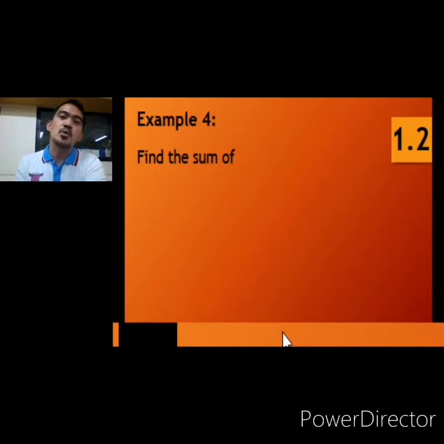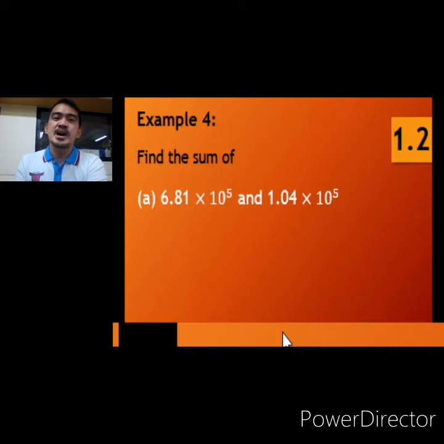Example number 4. Find the sum of 6.81 times 10 raised to 5 and 1.04 times 10 raised to 5. Look at the power of your base 10. They are equal, or the same, which is positive 5.